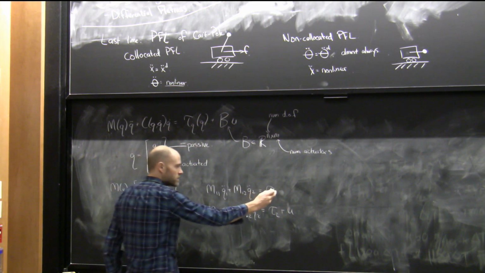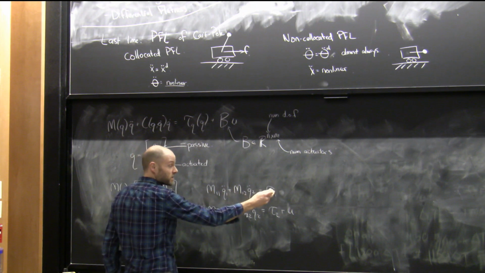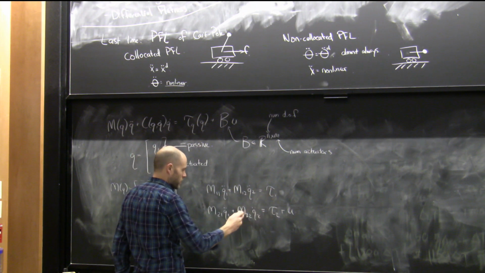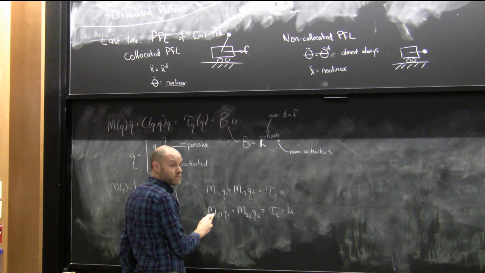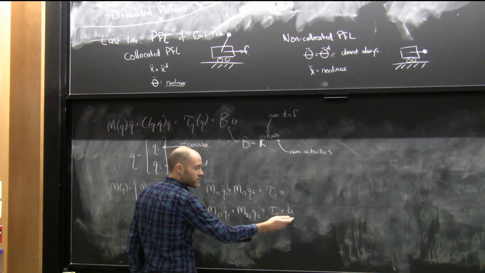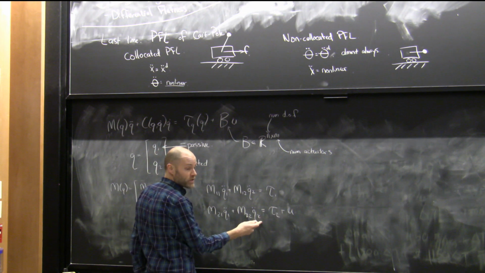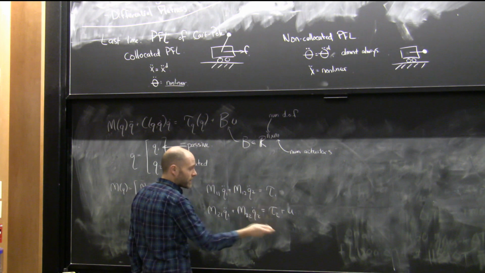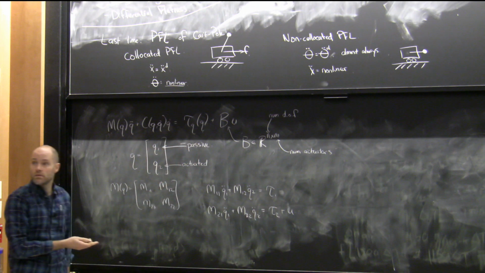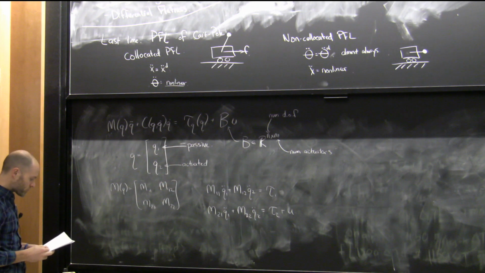This depends on Q, and Q and Q dot, right? These are all the dependencies. I'm just going to keep it short. But in the simple case where I've got actuators on some joints but not on the others, I get equations of motion that look like this, okay?